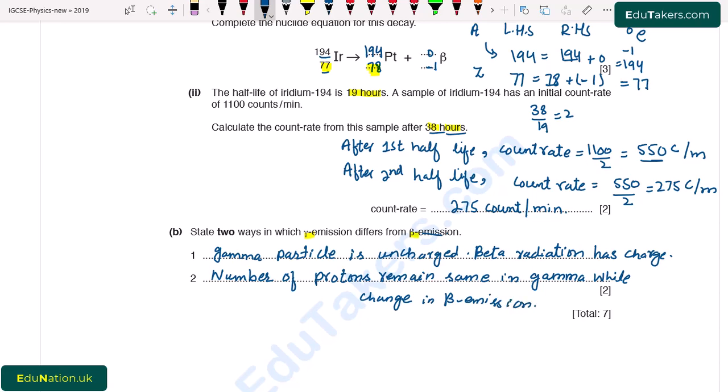So these are the main differences in which gamma emission differs from beta emission.